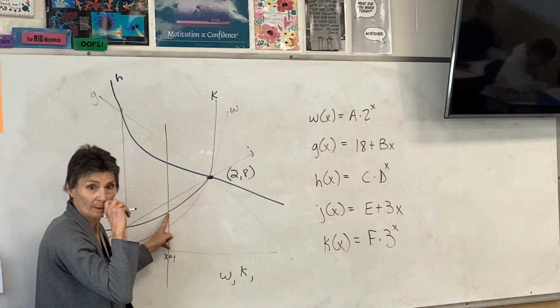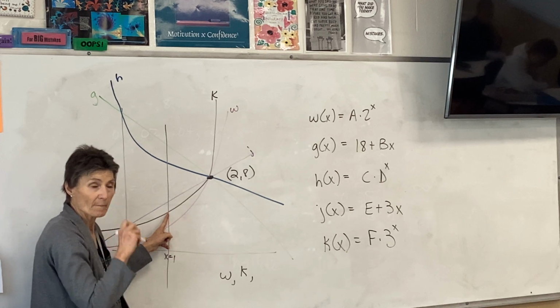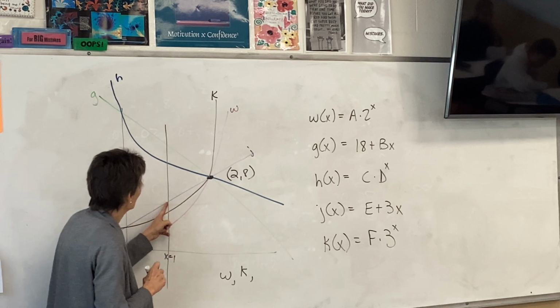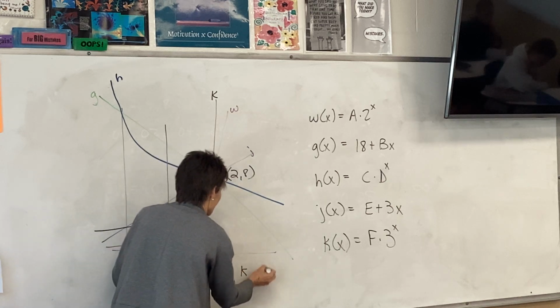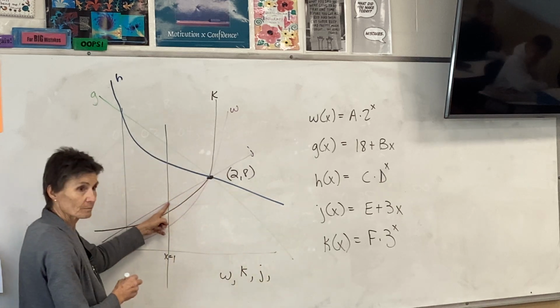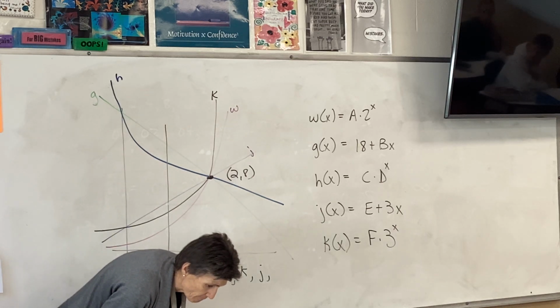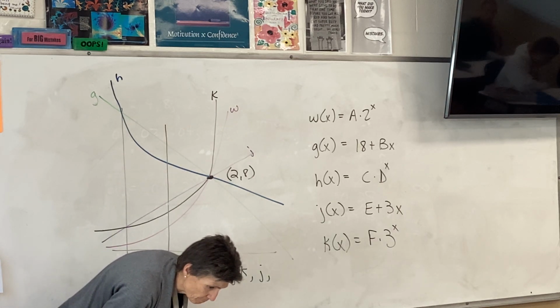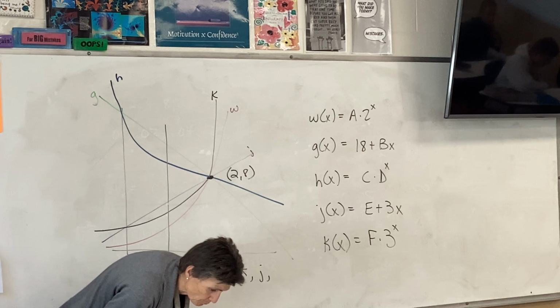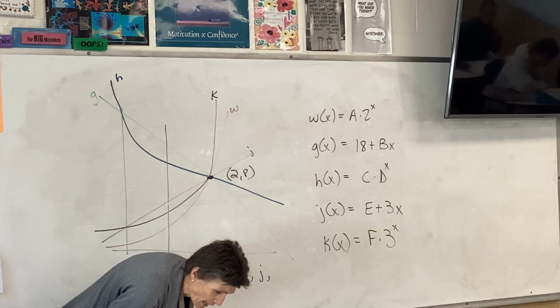Are you following along with what I'm doing here? And then purple. Wait a second. Oh, wait, is it K? The black line goes under the pink line. Uh-oh, the black one goes under the pink one.